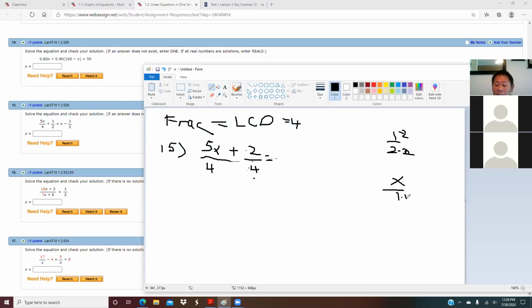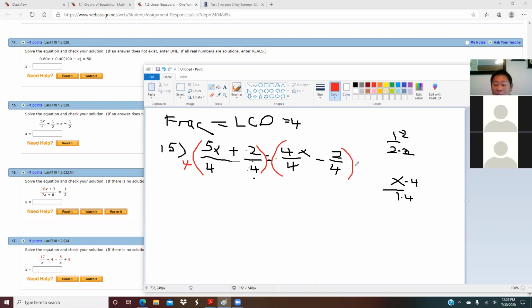So you need to multiply this by 4. Don't forget, you want to make it over 4. So this is actually 4x over 4. And then the 1/2 also becomes 2 over 4. Now you find out that all your denominators here are the same as your LCD, 4. So I multiply both sides by your LCD 4.